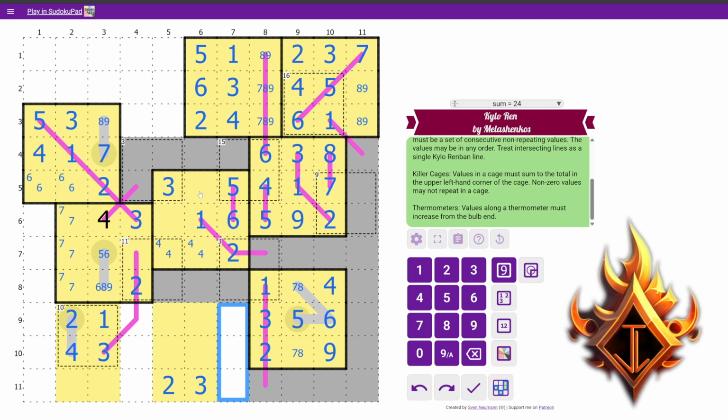That all looks okay, doesn't it? One, two, three.